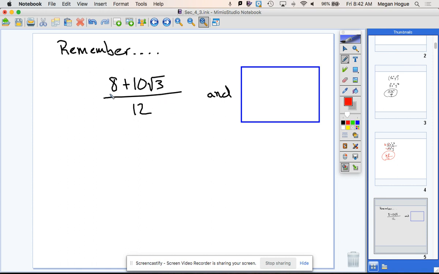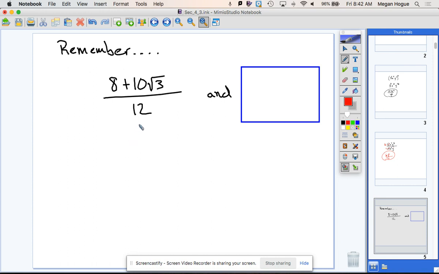This came from when I did what usually? When did I get an answer like this? Quadratic formula. Yeah, so I often ended up with an answer like this if I had done the quadratic formula.